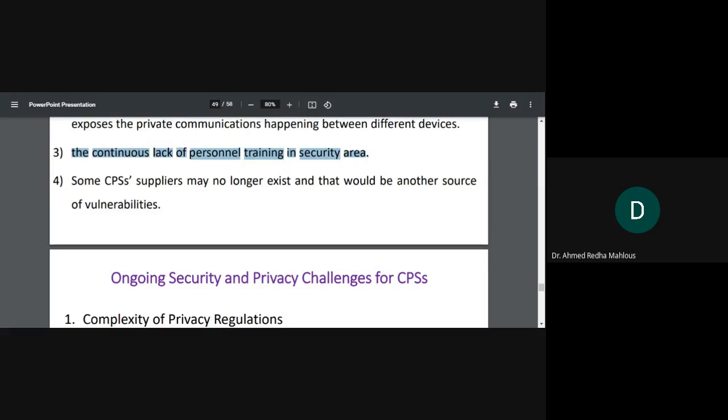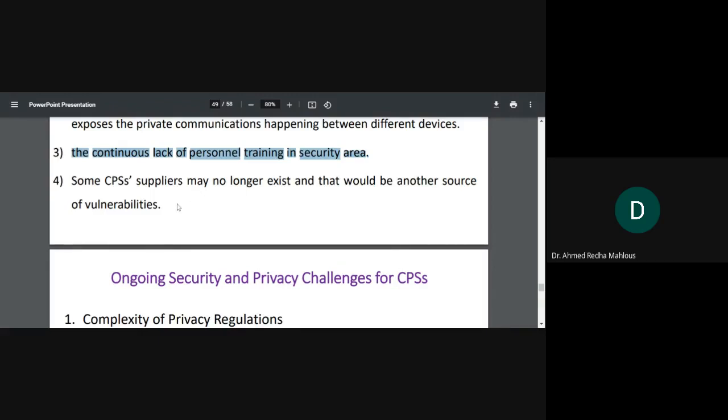Because that manufacturer has been running for a long time, maybe they don't see the interest in security, or they don't have enough budget to train their staff against any attack. That means the lack of continuous personnel training in security might open, or has opened, a door to attackers to attack the CPS devices.